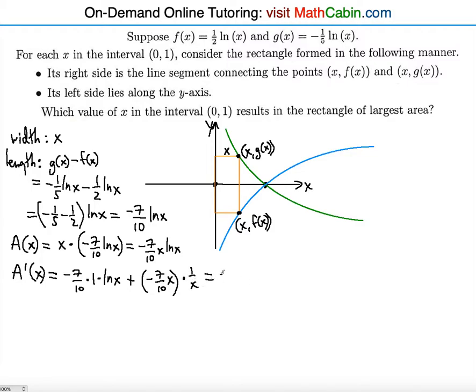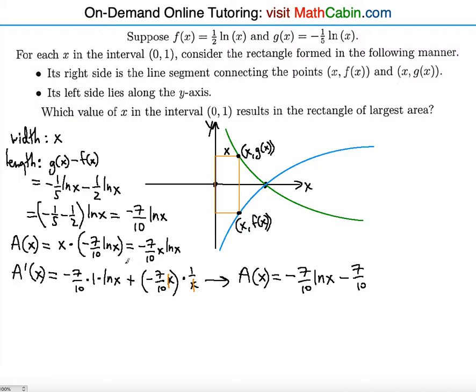So that's going to be what? Simplifying that, the derivative becomes negative 7/10 ln x minus 7/10, right? Because we know that algebraically the x's cancel out because one of them is in the denominator.